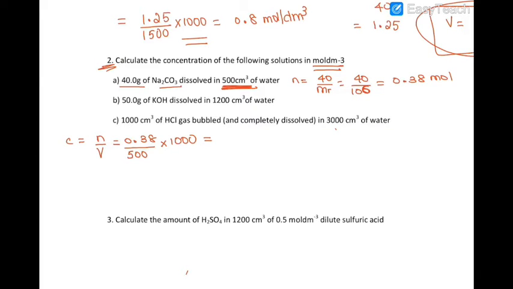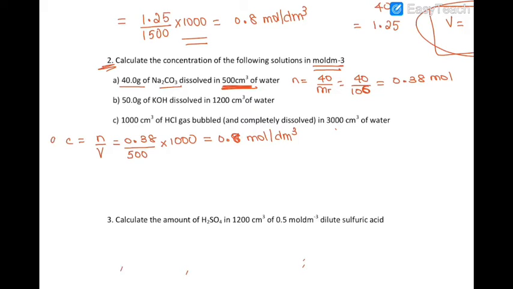So you get the answer to be 0.75, or 0.8 to 1 dp, mole per dm cube.